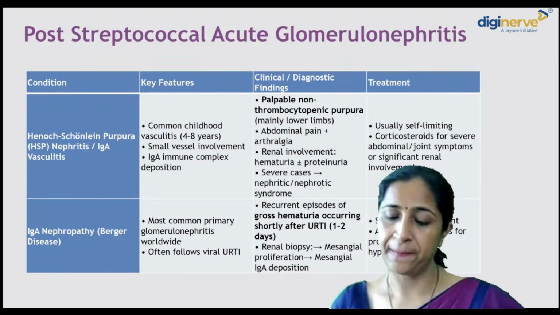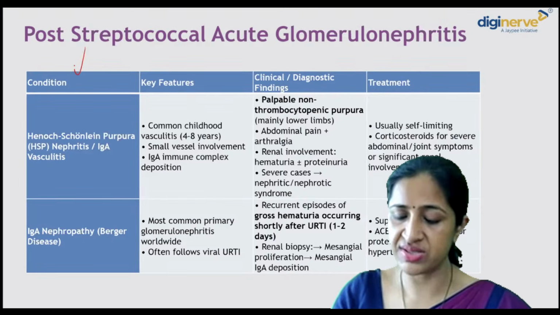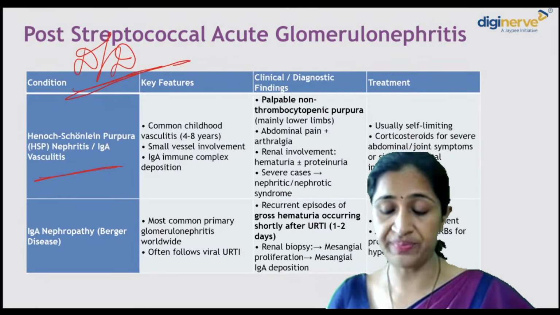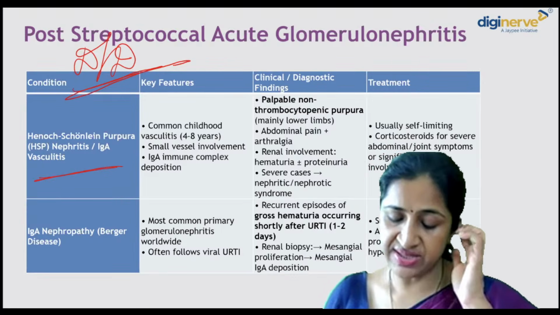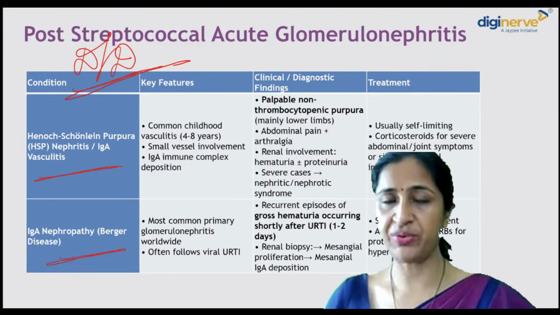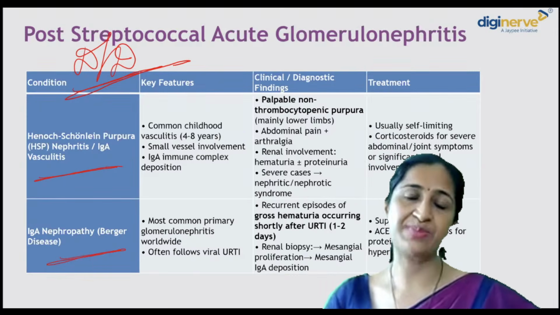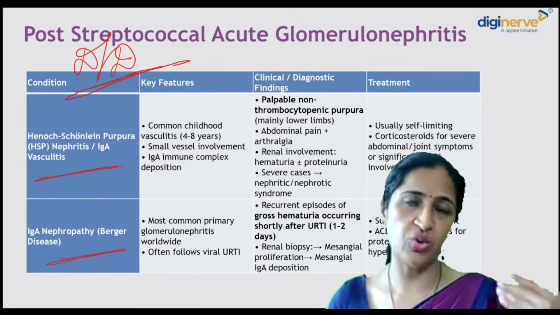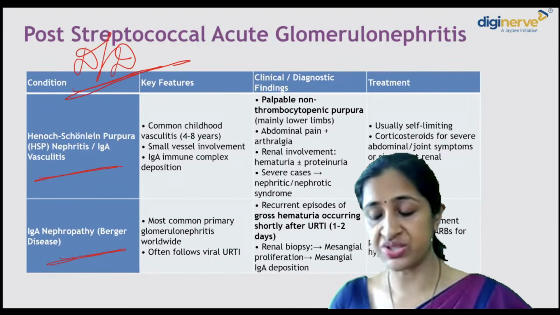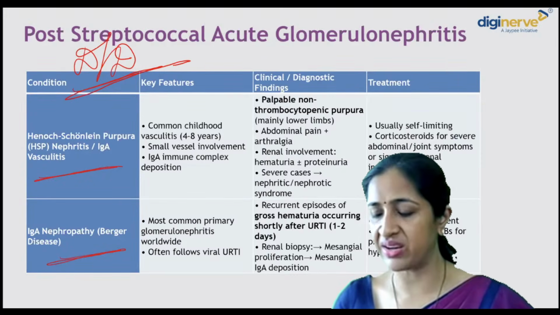So other differential diagnoses of hematuria are Henoch-Schönlein purpura, or IgA vasculitis, and IgA nephropathy, which is Berger's disease. Henoch-Schönlein purpura is essentially an IgA small vessel vasculitis where there is palpable purpura in the lower limbs along with abdominal pain, and you can have complications also where you have vasculitis in the brain, etc., and other renal involvement.